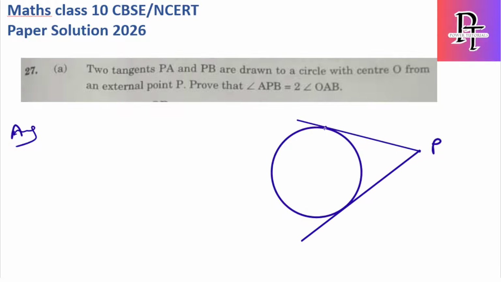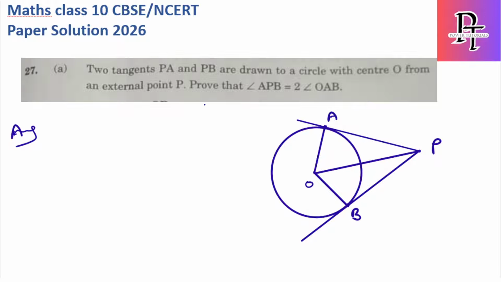This is A, this is B. The center is O. Let's mark these lines.